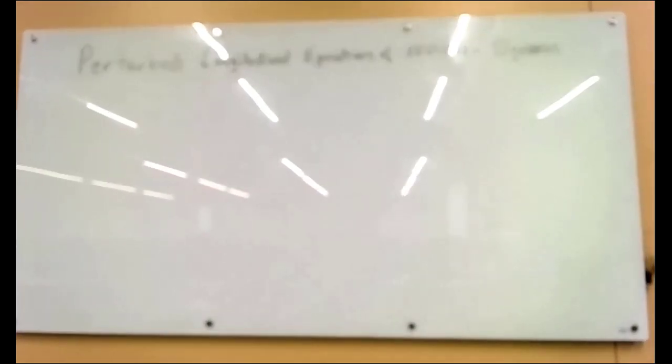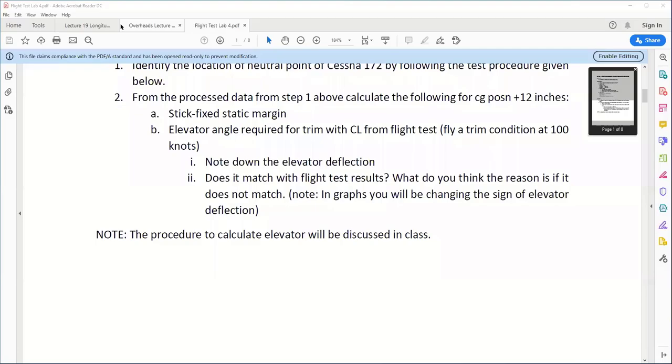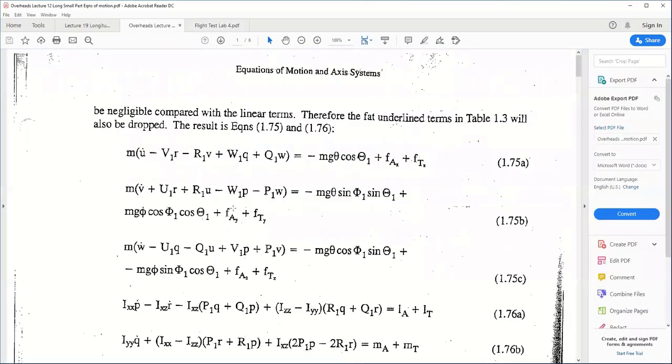First page on your handout looks like this. So these are the equations from chapter 1, small perturbation equations.